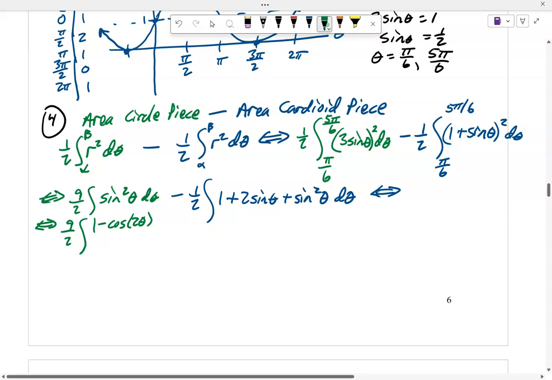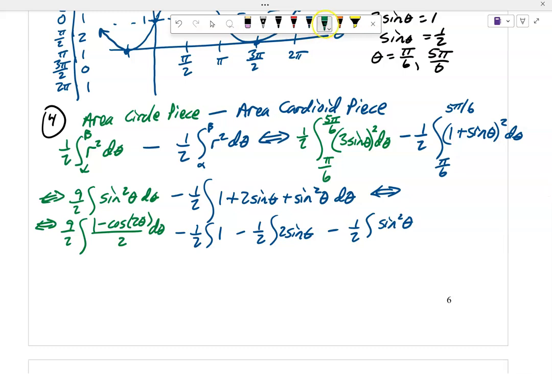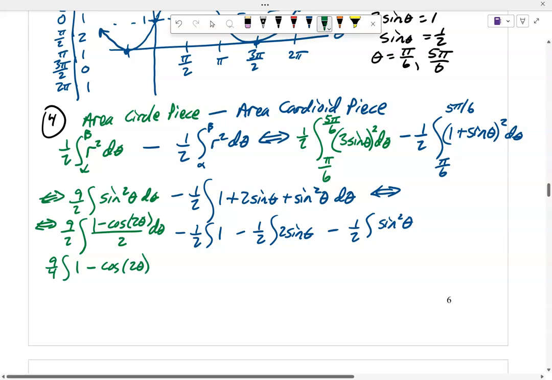Use that power reducing. I use the power reducing on that sine squared as well. And 9/4 minus 2 theta.